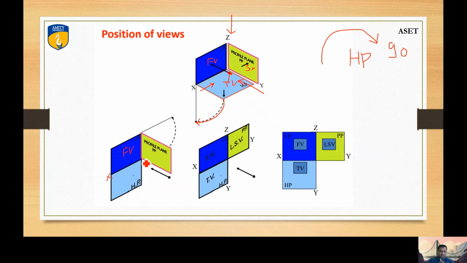This is my XY, and this was my top view. So the top view is located below XY and the front view is above XY, right? Because the VP is not going to change, VP is fixed. So the front view is fixed, that is above XY only. Top view after rotating is located below XY.